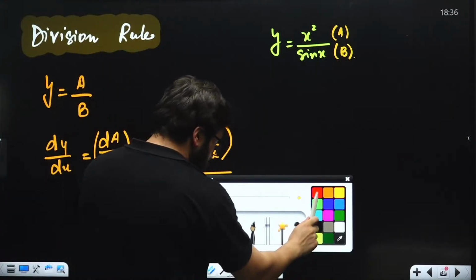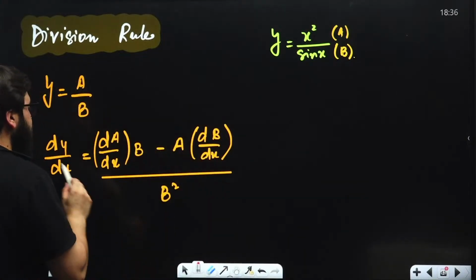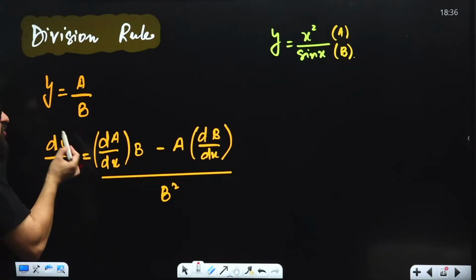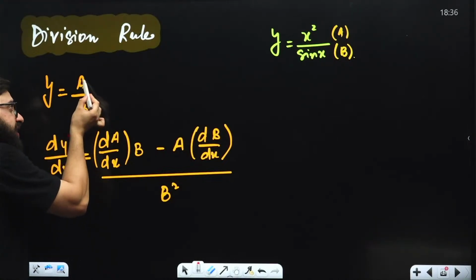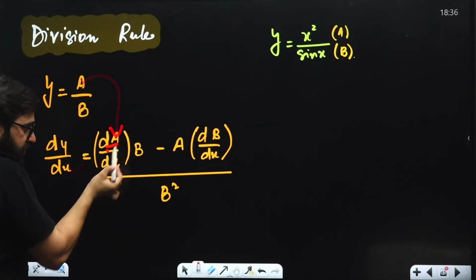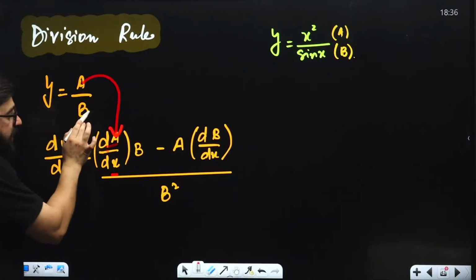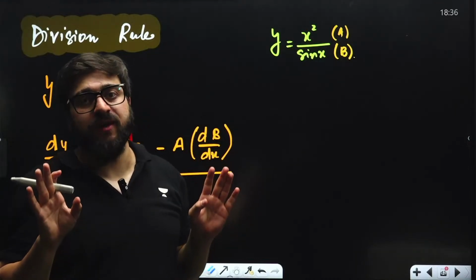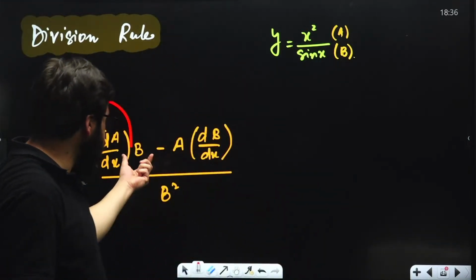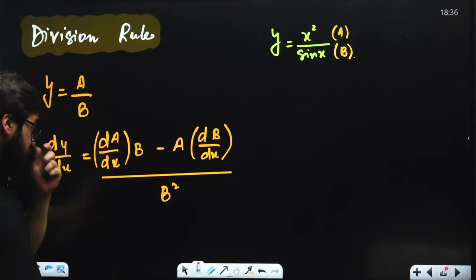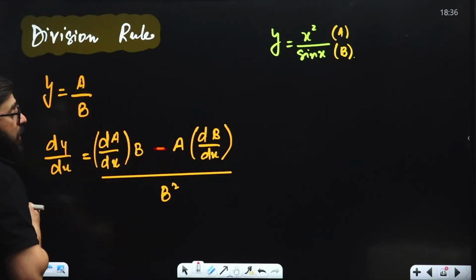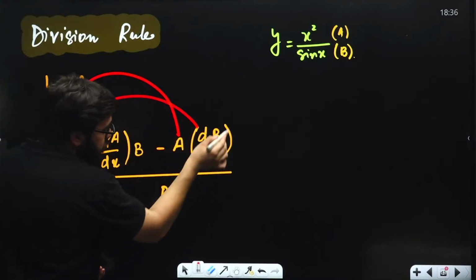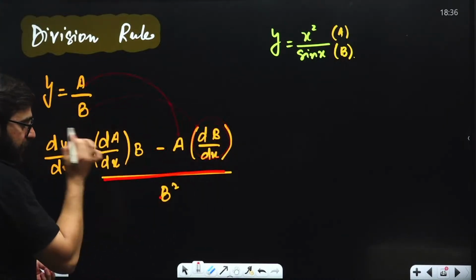See guys, I'll make you understand. In this case, dy by dx will be simply, first we write the differentiation of A, that is dA by dx, but keep B as it is. We'll do nothing with the B. Then minus, we keep A as it is, then we do the differentiation of B, and divided by B square.